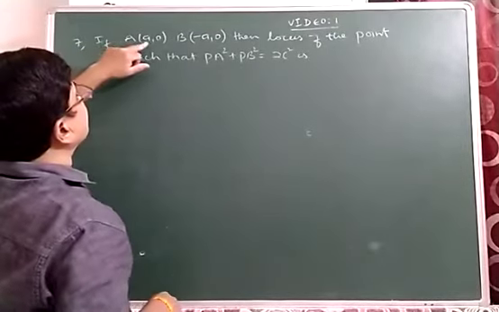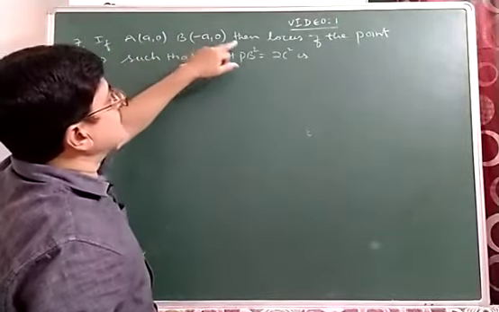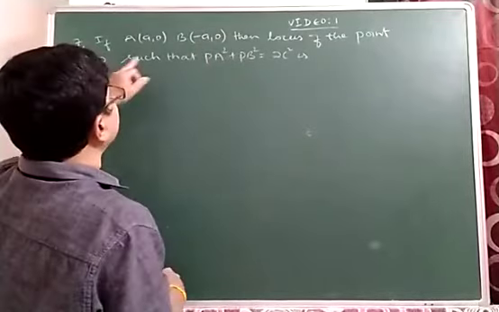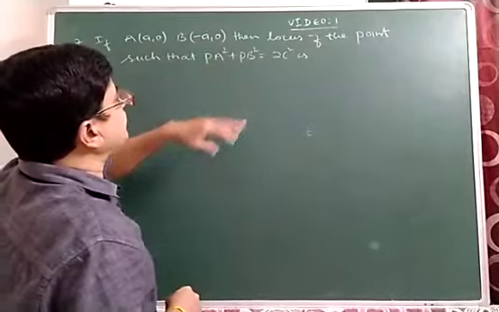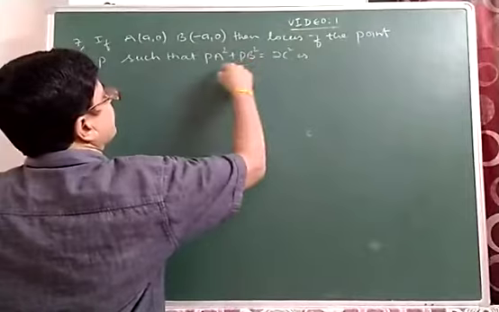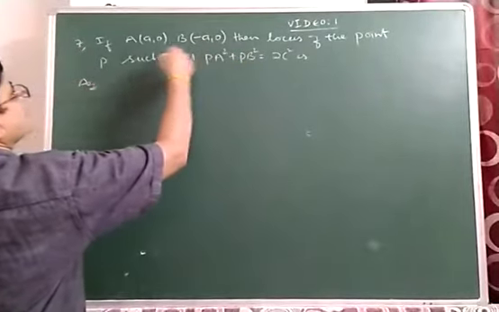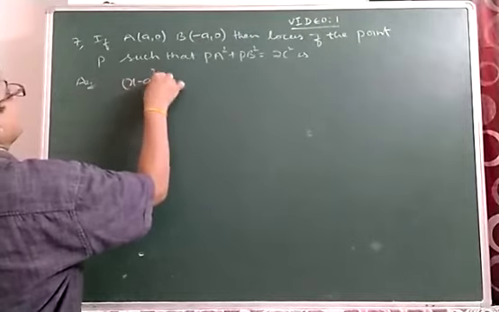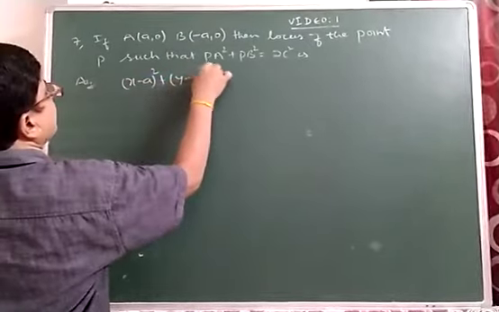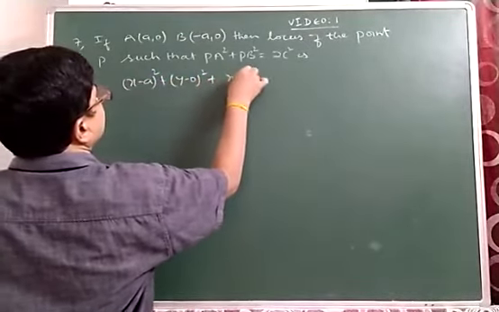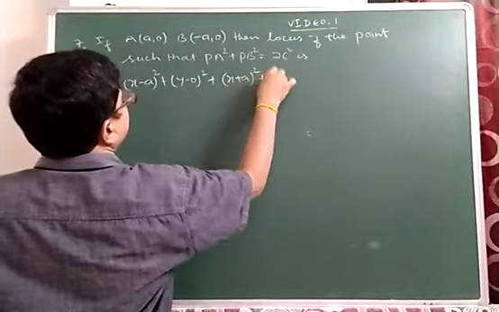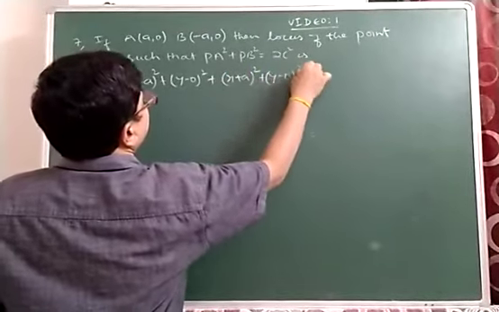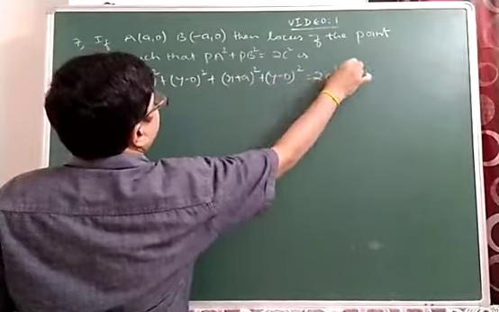If A(a, 0), B(-a, 0), then the locus of the point P such that PA square plus PB square is equal to 2c square. This is the given condition. So substituting in this one, (x minus a) whole square plus (y minus 0) whole square plus (x plus a) whole square plus (y minus 0) whole square is equal to 2c square.